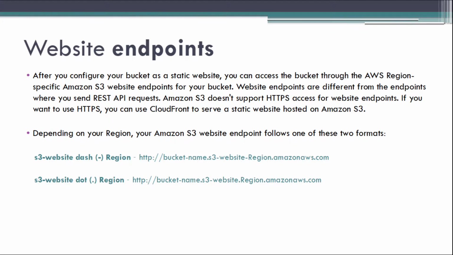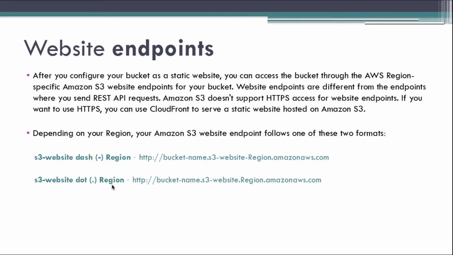Depending on your region, your Amazon S3 website endpoint follows one of these two formats. So the endpoint has these two formats. S3 website dash region: http://bucket-name.s3-website-region.amazonaws.com, and the other is the same, but here is a dash, here is a dot.